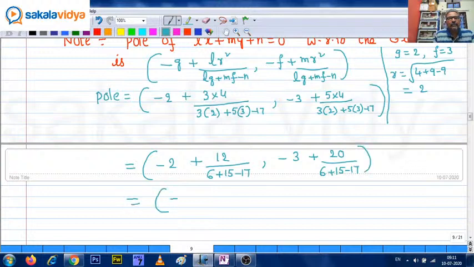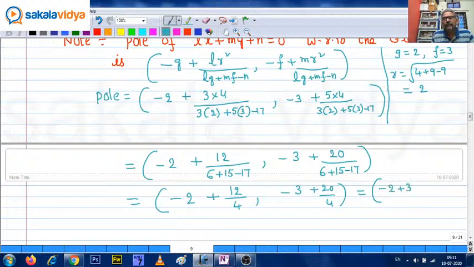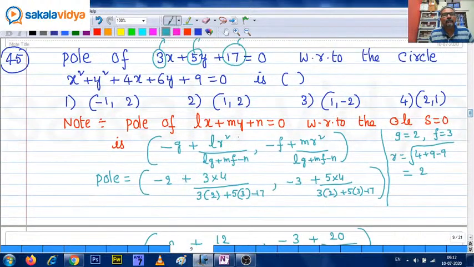This is minus 2 plus 12 upon 4, minus 3 plus 20 upon 4. This equals minus 2 plus 3, minus 3 plus 5. That is (1, 2). Second option is the right option.